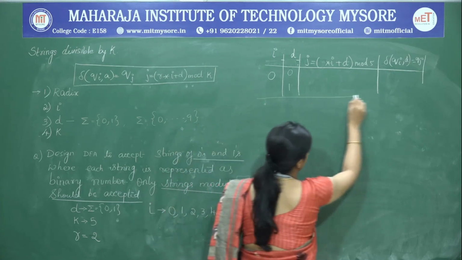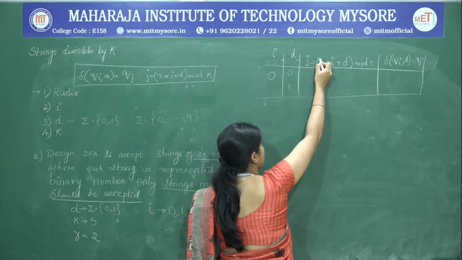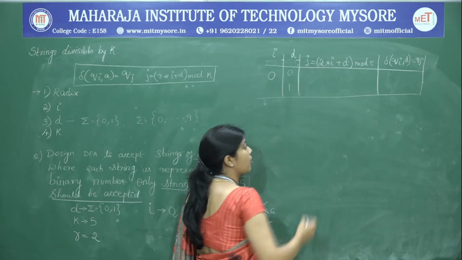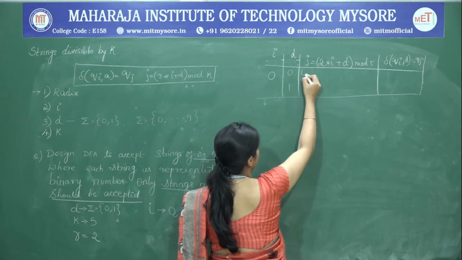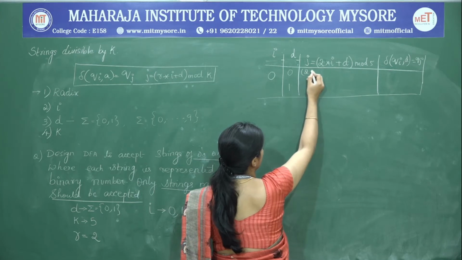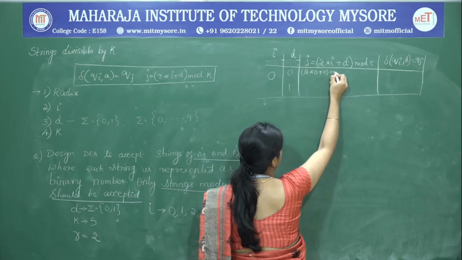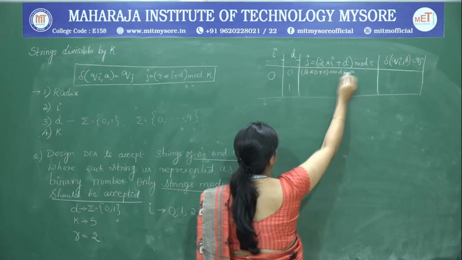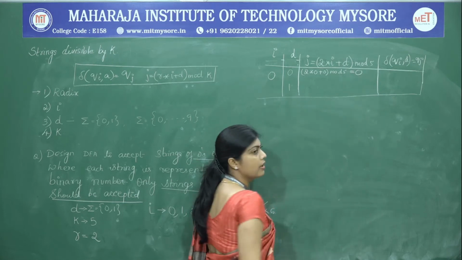So let's work for this example. We'll make substitutions here. Here the radix is 2, therefore it's common, 2, for all the transitions. So for the first value, we are going to do the calculation of 2 multiplied by 0 plus 0 mod 5. So this value is going to be 0 mod 5.